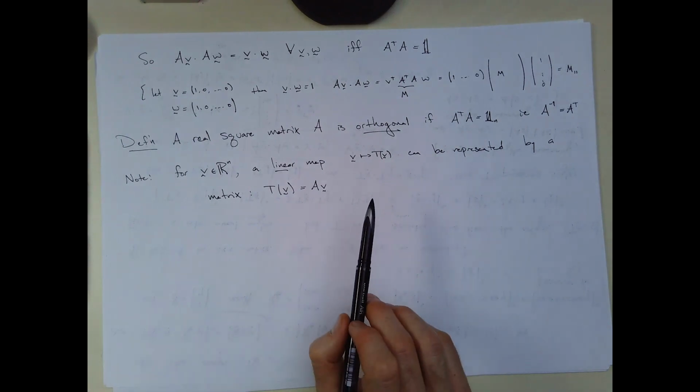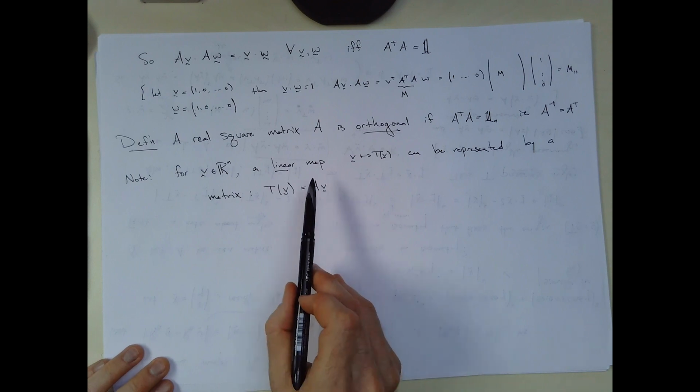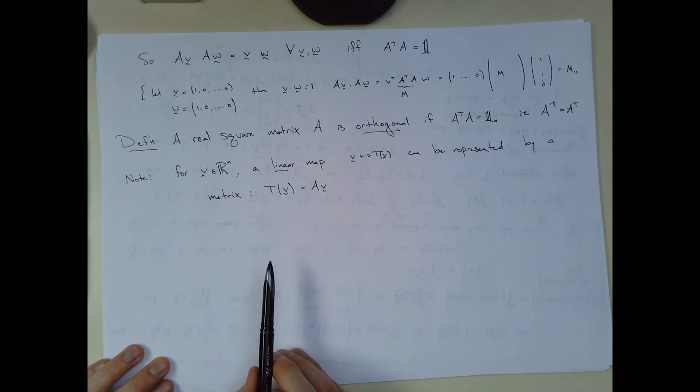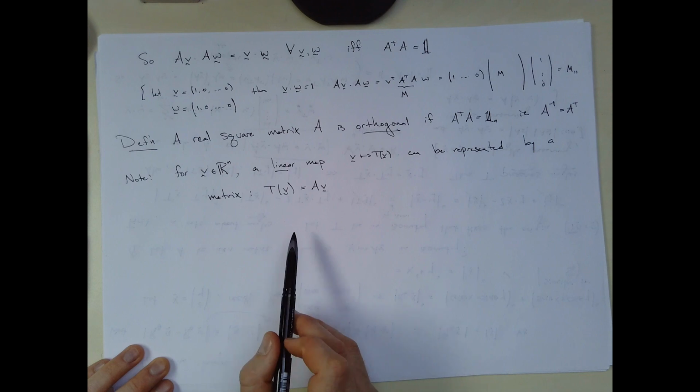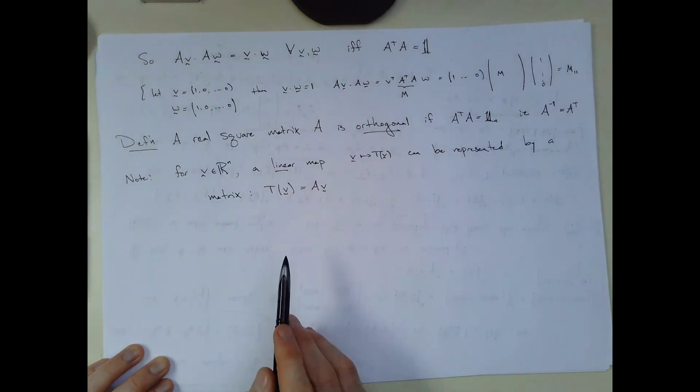So now we're sort of trying to classify maps in terms of whether I can represent them by a matrix, and this statement says that if the map is linear, then it can be represented by a matrix, and if it's an isometry, then furthermore it's going to have to be an orthogonal matrix.